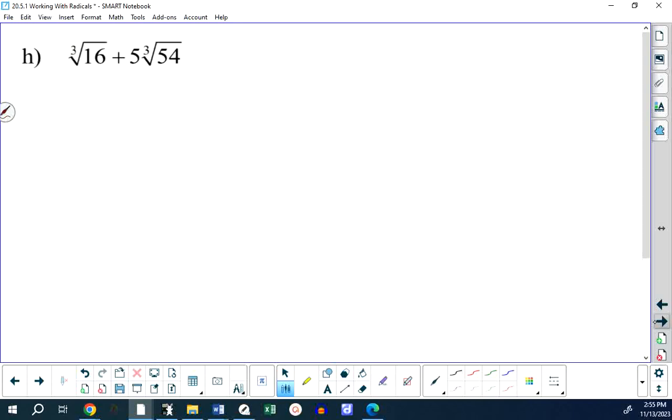Are these two terms like terms? No. But if we simplify them, maybe they become like terms. My hope, everybody, is that you see some of these numbers frequently enough that you know what they factor into. That 16 is 4 times 4. And each of those 4s is 2 times 2.